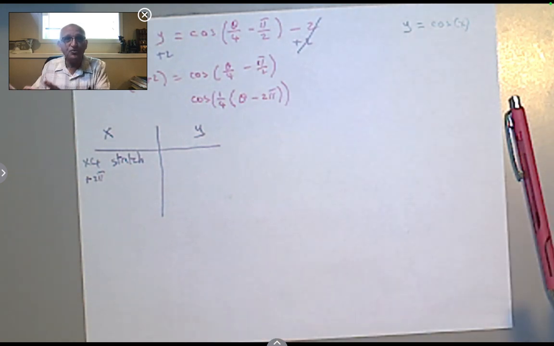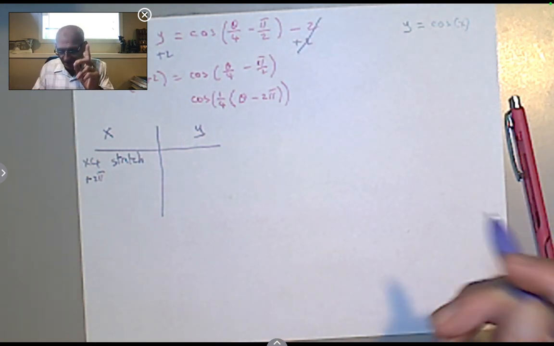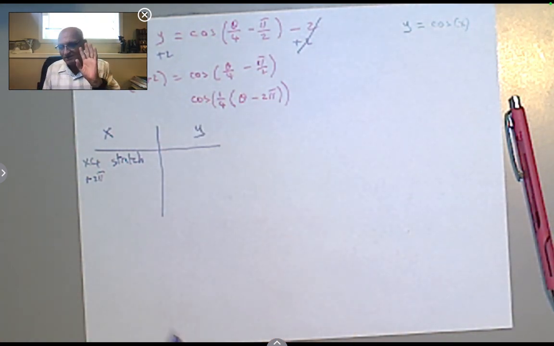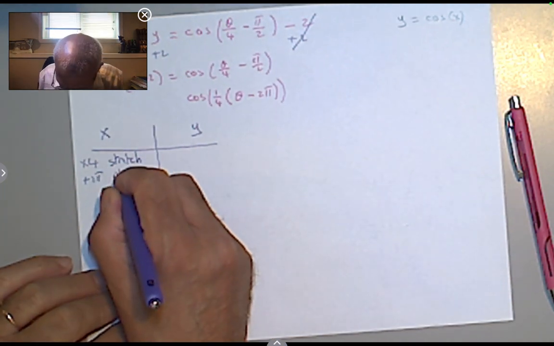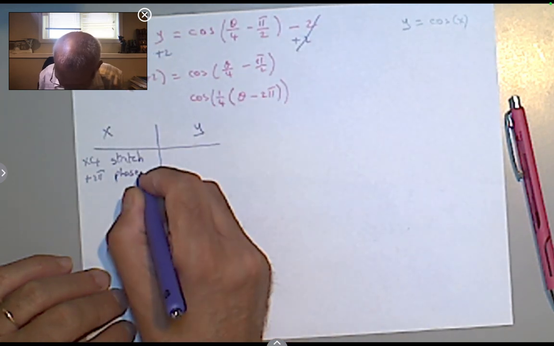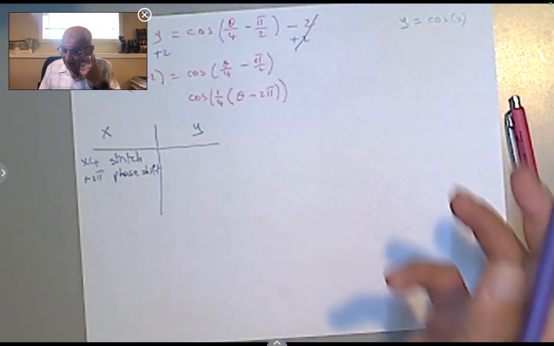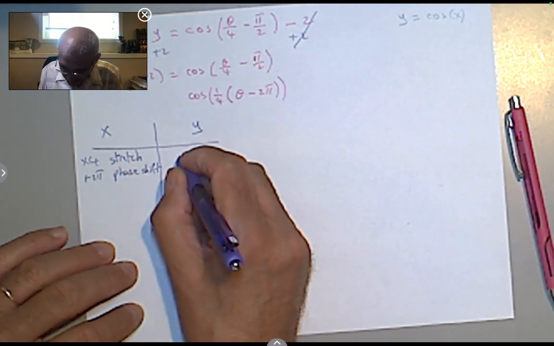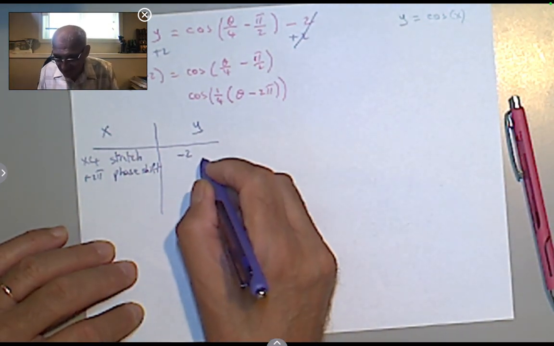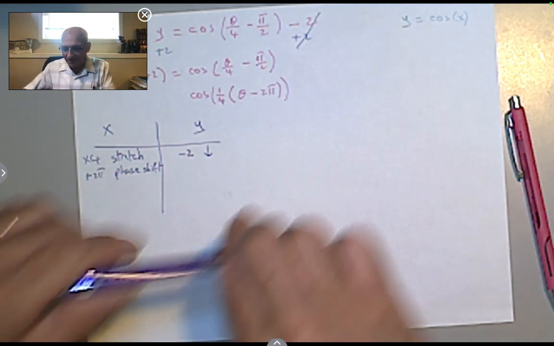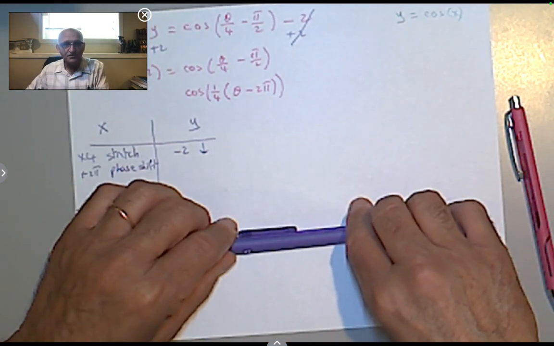I'm starting from 2 pi. Oh no, it means because the period is no longer 2 pi. I'm sorry. So we have a phase shift of 2 pi, positive 2 pi. As for the y, I didn't do anything except subtracting 2, meaning my center line, instead of being 0, became negative 2.